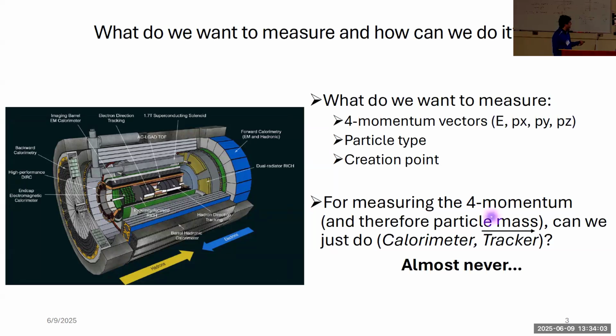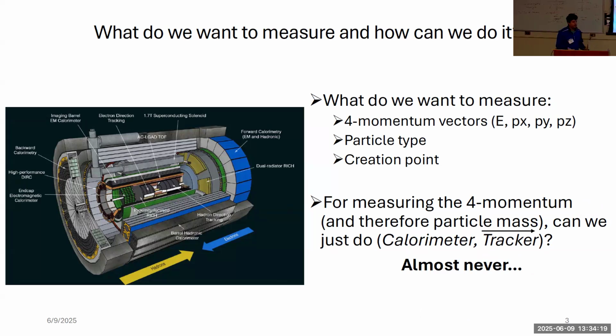So can you just measure the energy in the calorimeter and the momentum vector in the tracking detector, use that to reconstruct the particle mass, and that's all you need to do? That would be the first thought you could have, but that's something we can almost never do.